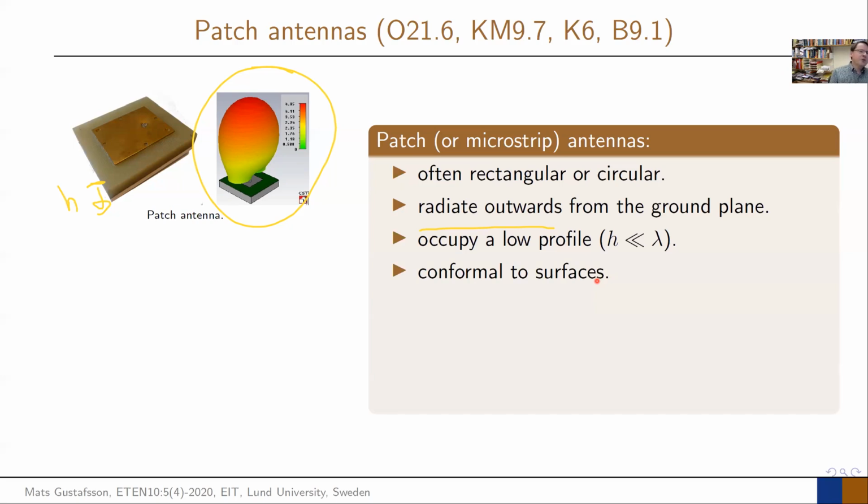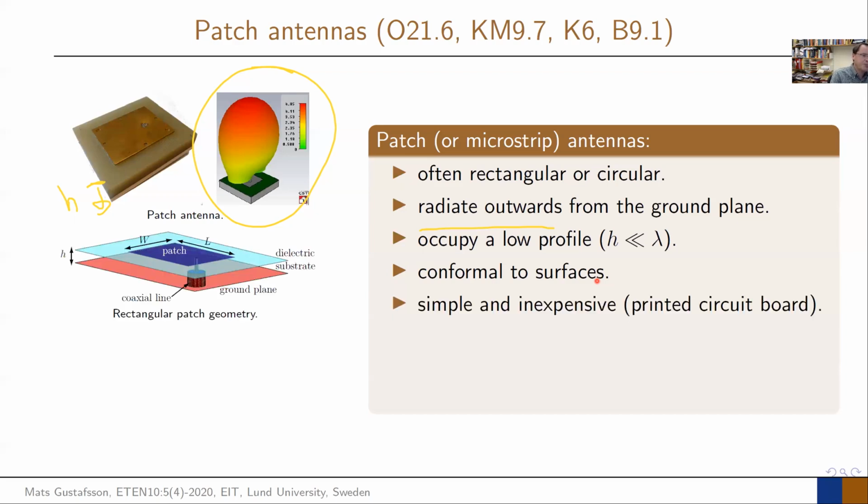And it's then conformal to surfaces. So in these cases, of course, these are planar. The one you will make will be a planar patch antenna. But you could think about these could be a little bit soft, so they can turn around if you bend your body and so on. So you can really shape them also according to the surface if you would like to.